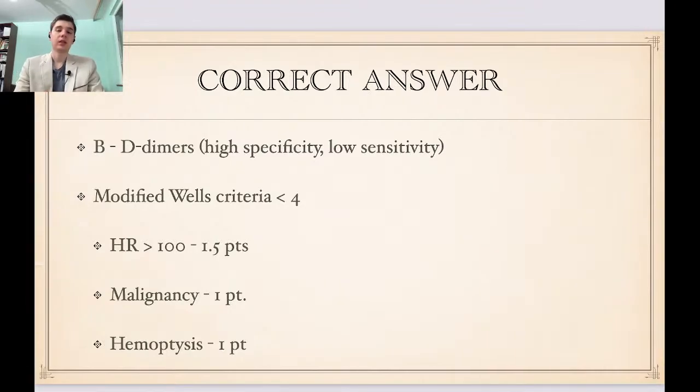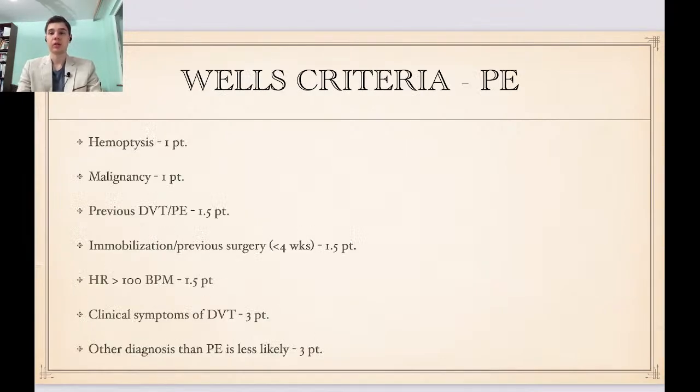Now, in this type of question, it is important to know the Wells criteria. The Wells criteria for pulmonary embolism are hemoptysis, 1 point. Malignancy also gives us 1 point. If the patient has a history of previous DVT or PE, he will score 1 point more.